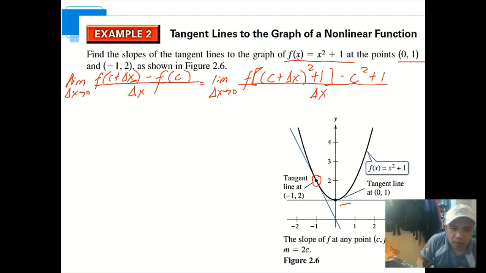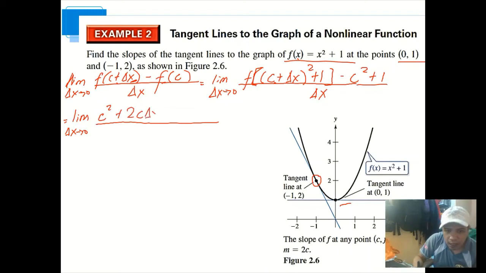Okay, so dito, limit of the function as delta x approaches 0 ay, expand na nito, c plus delta x squared. So, we have c squared plus 2c delta x plus delta x squared plus 1 minus c squared plus 1.